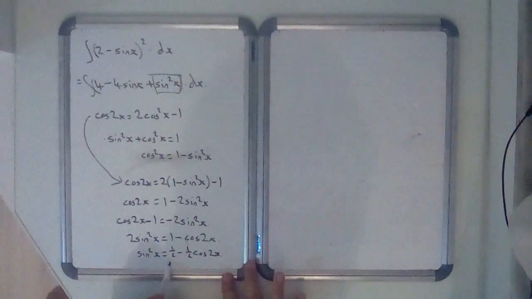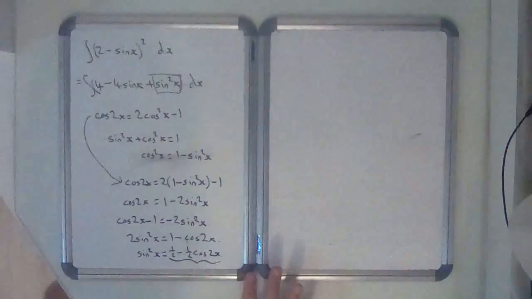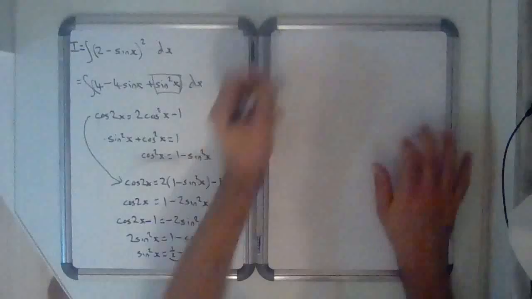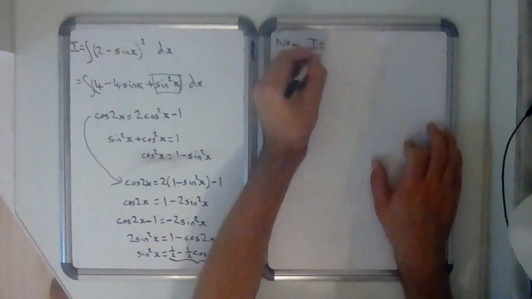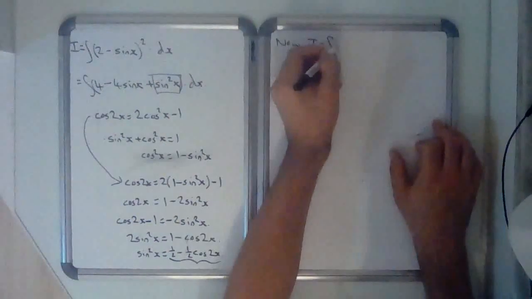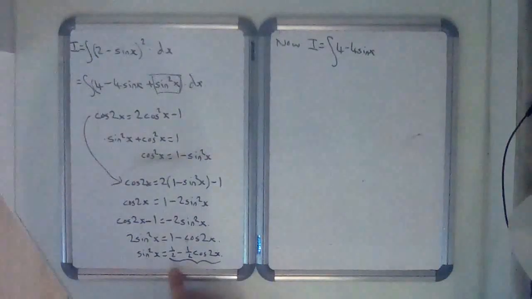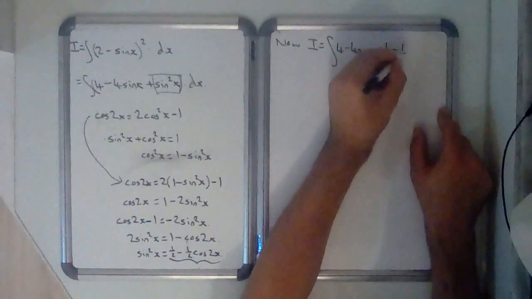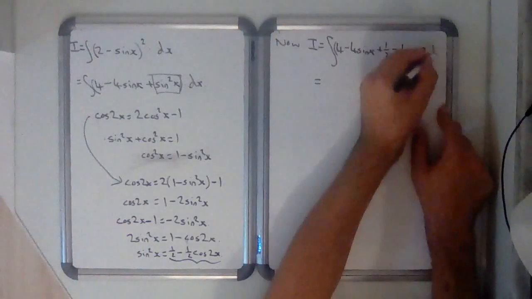So I am going to substitute this into where I saw my sine squared x in there, and I'm going to rewrite the integral. So I've finally got a transformed integral, which should be okay. So now the integral equals, so the 4 and the minus 4 sine x were fine anyway, 4 minus 4 sine x plus 1/2 minus 1/2 cos 2x, dx.